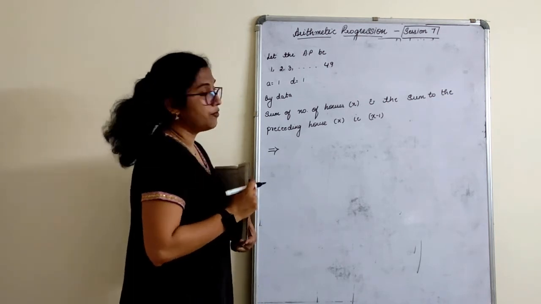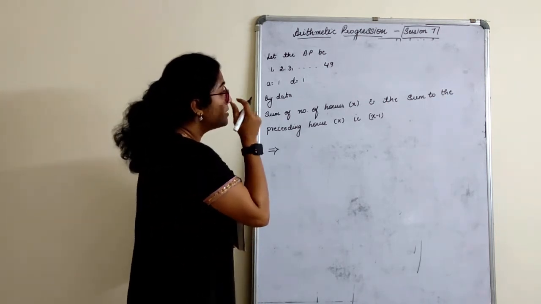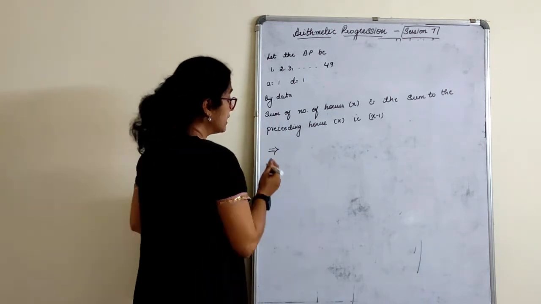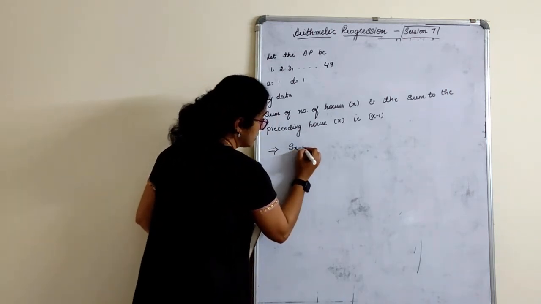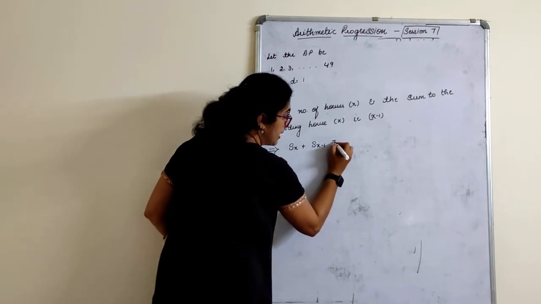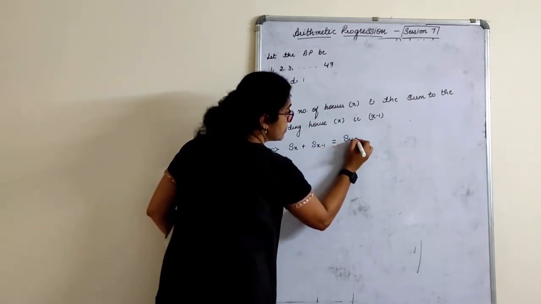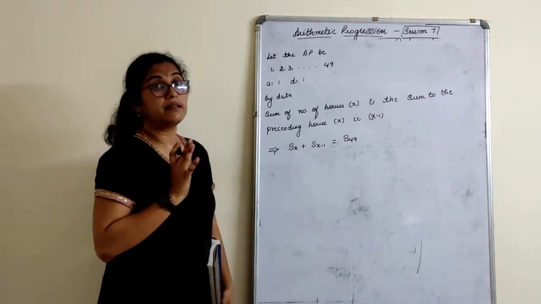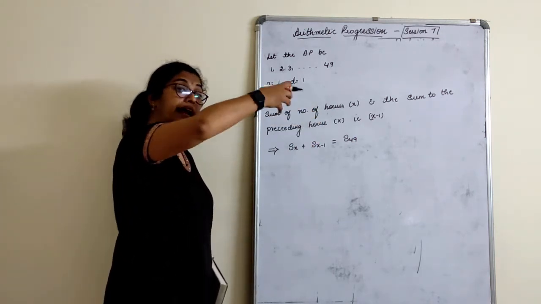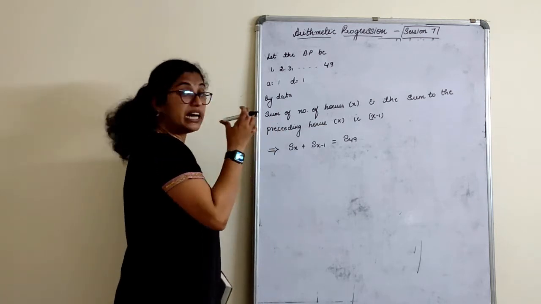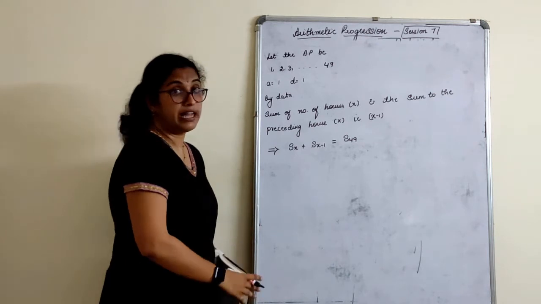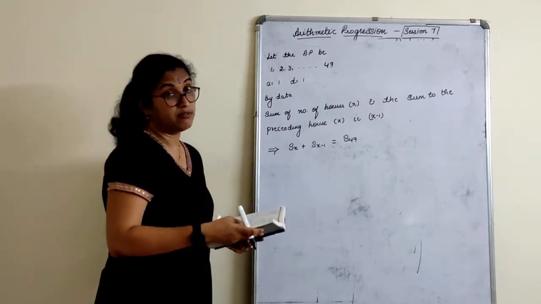Sx plus S of x minus 1 is S49. This is what their meaning is. If I add some random number x as a house and the preceding house also, if I add those two, I get S49 as an answer. Find the value of x.